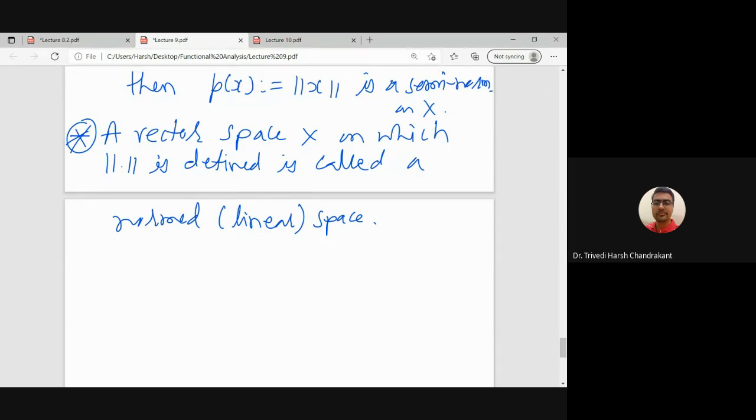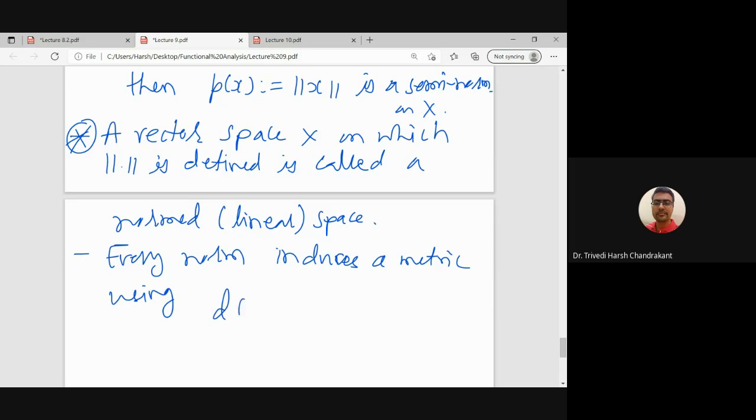So if you recall, we have noted that every norm induces a distance, where the distance is defined as norm of x minus y.